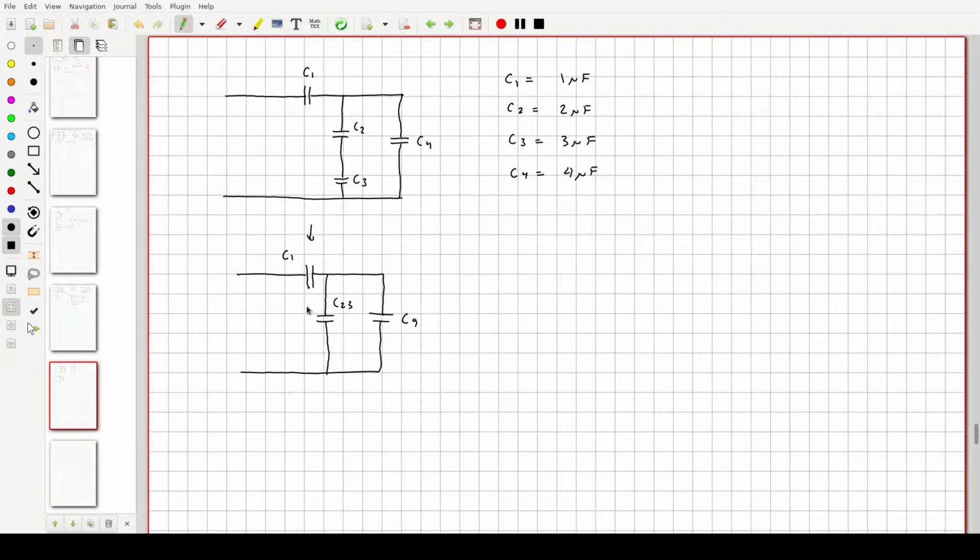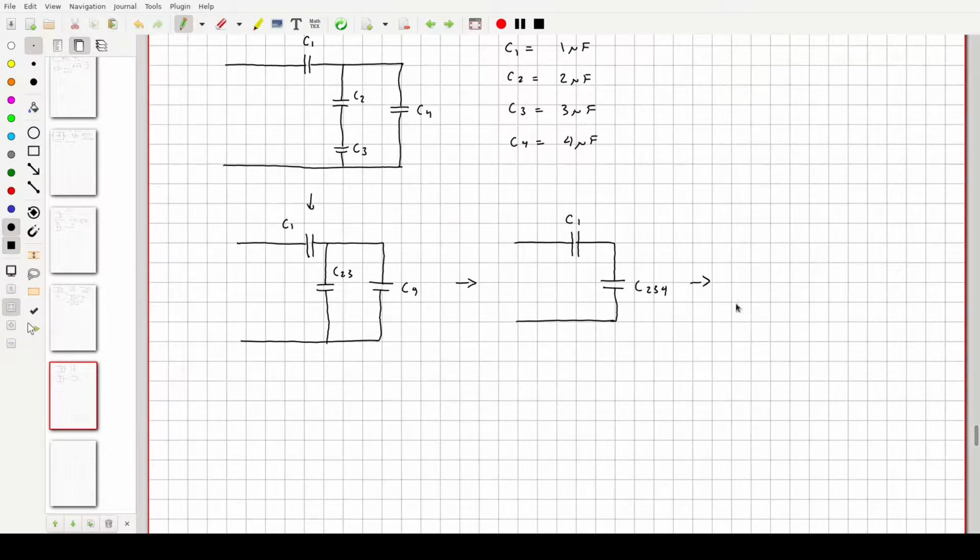Now you can see our next one. Our next one is going to be to take these two right here and turn them into one. When you do that, what that does is to make this act like it is in series with this. So this would be C1, and this would be C234.